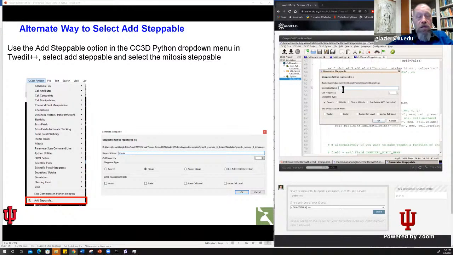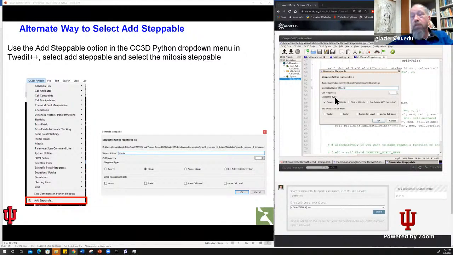And this will give me a set of choices about what I want with that steppable. And I need to give it a name. I'll just call it mitosis here. I need to say how frequently it's going to run by default. The default's once per Monte Carlo step, but I could run it less often if it's going to do something like display something or save output.